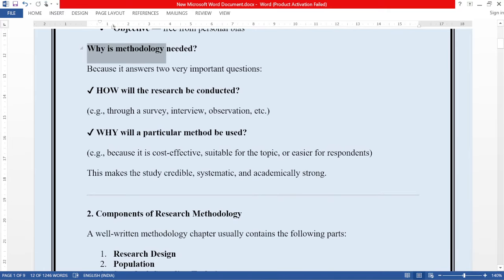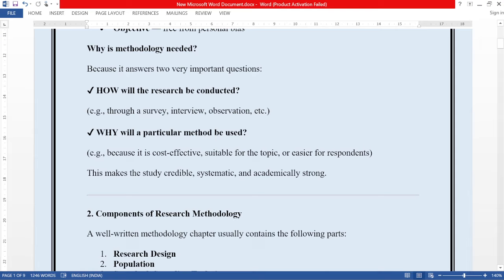Why is methodology needed? Because it answers two very important questions. How will the research be conducted? Through a survey, interview or observation. The first question that methodology answers is how will the research be conducted, through survey or interview or observation. Second question, why will a particular method be used?